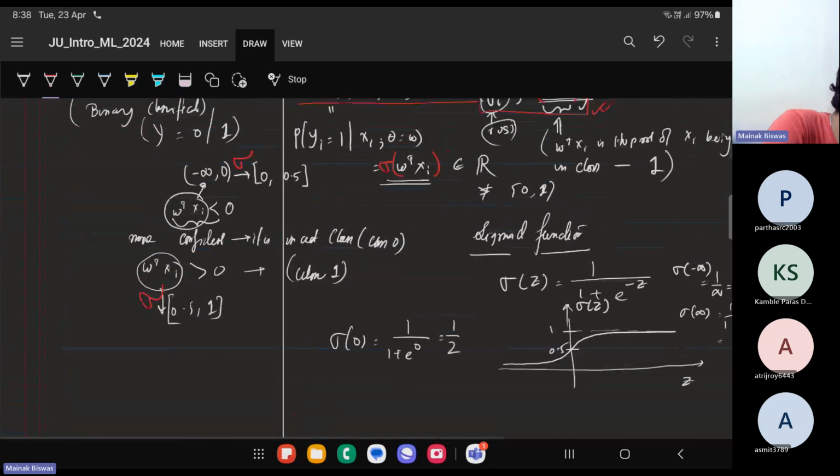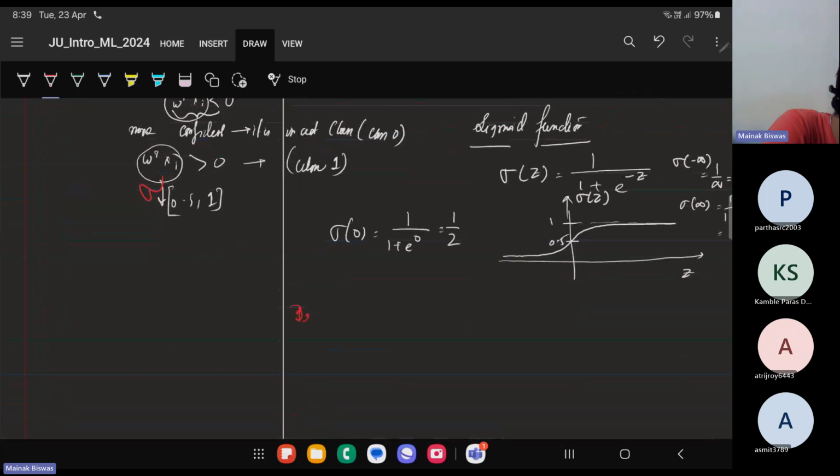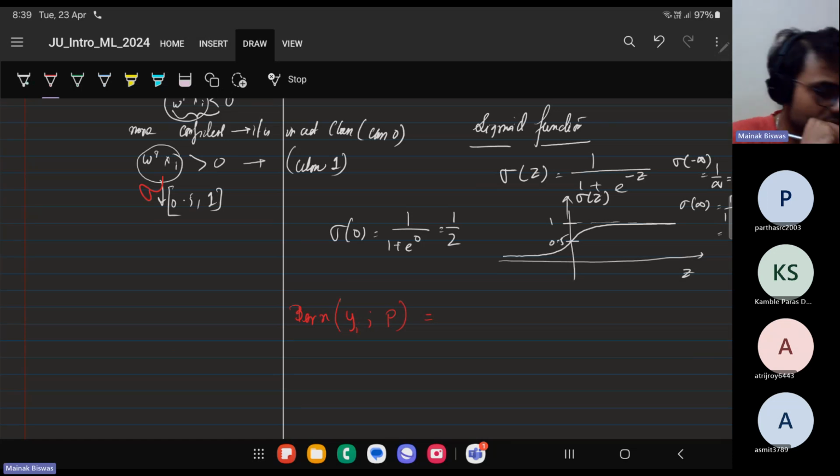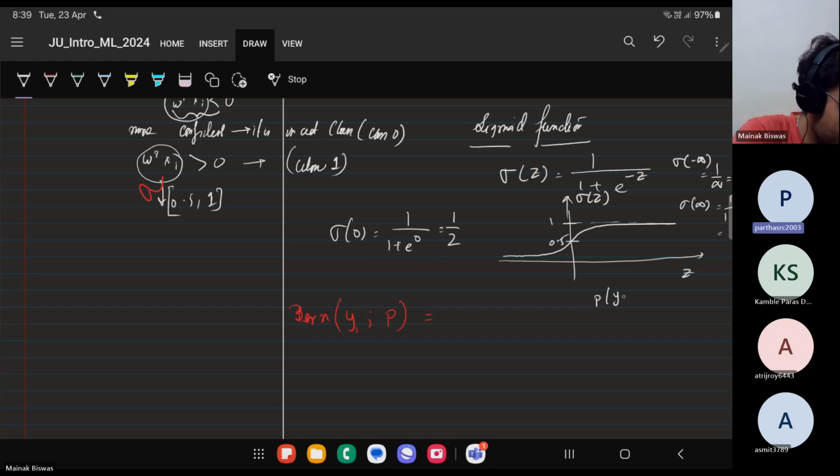Now my question is, what is the density of Bernoulli? Let me write P only. I have already done this before, if you have been following me. Probability that y_i equals 1 is p, and that y_i equals 0 is 1 minus p. I'm just giving you a hint.